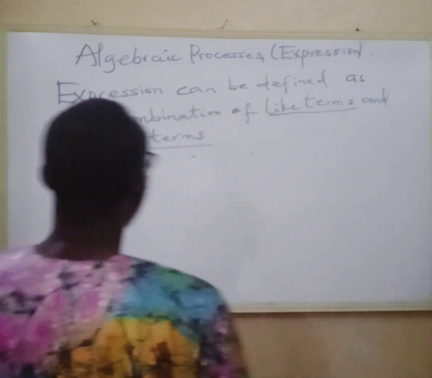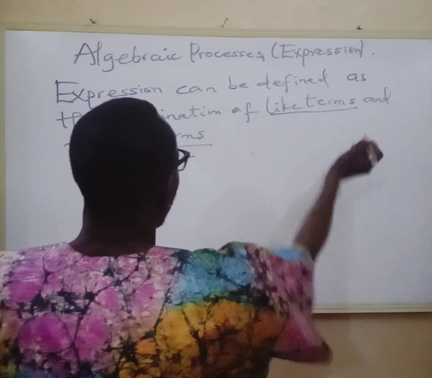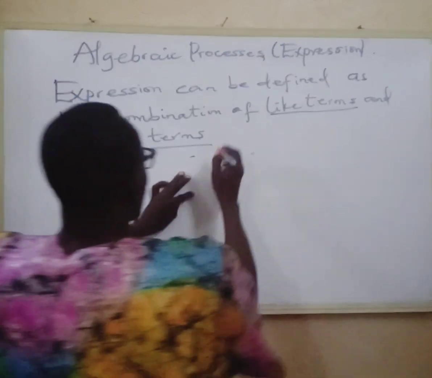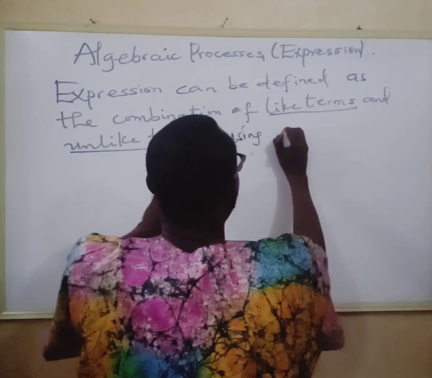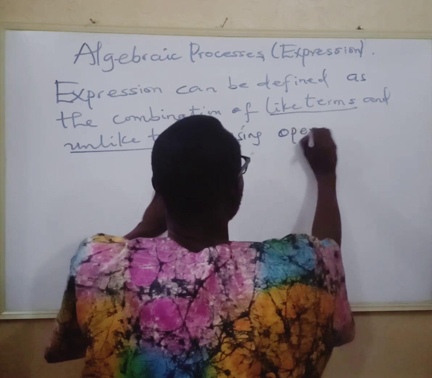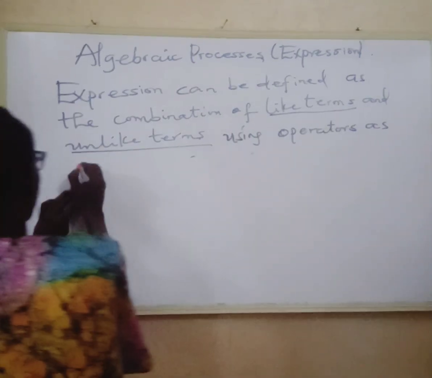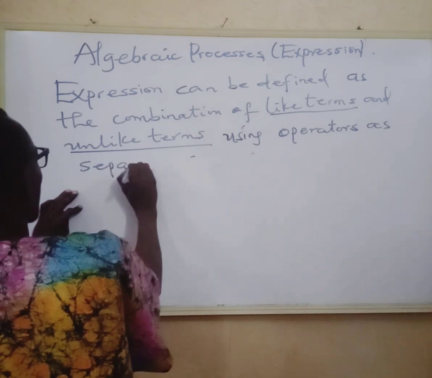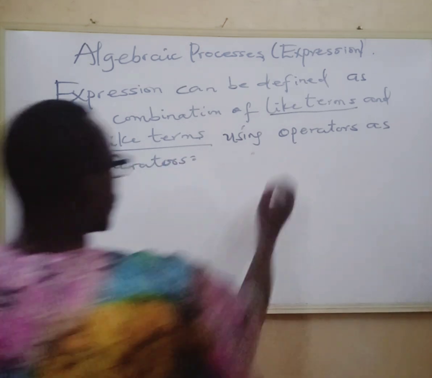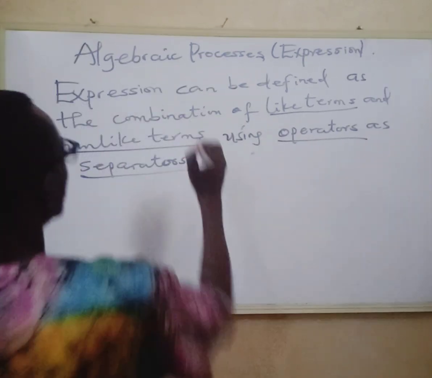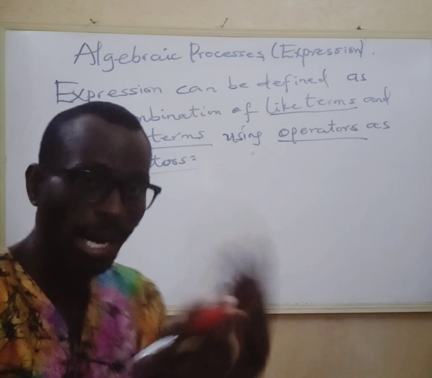some words to the definition. Expression can be defined as the combination of like terms and unlike terms using operators as separators. We are talking about operators and separators. What are the operators that are used in an expression?